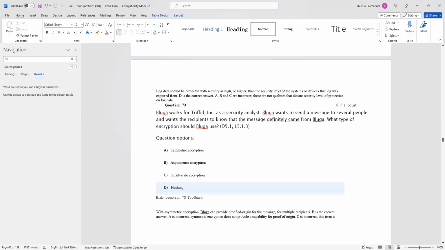Now, this person works for Trifid Inc. as a security analyst, wants to send a message to several people and wants the recipients to know that the message definitely came from Bluca. What type of encryption should they use? They should use asymmetric encryption.